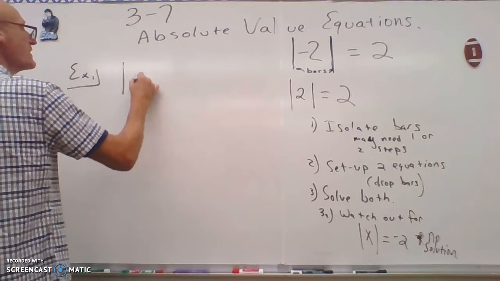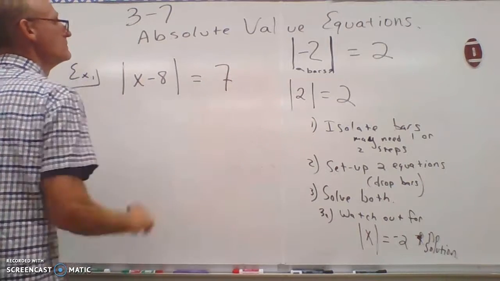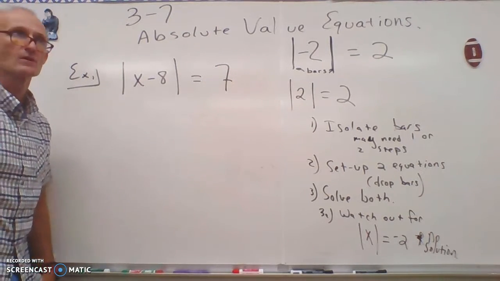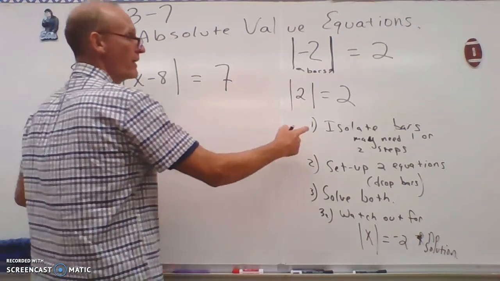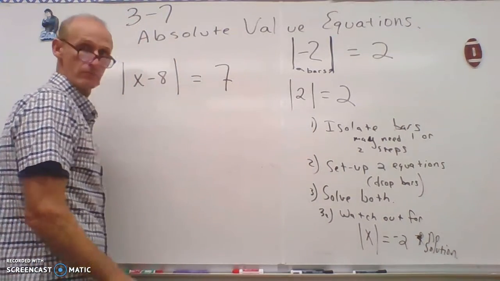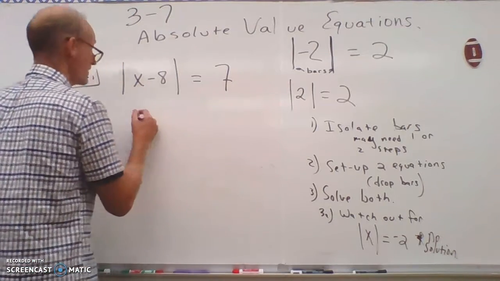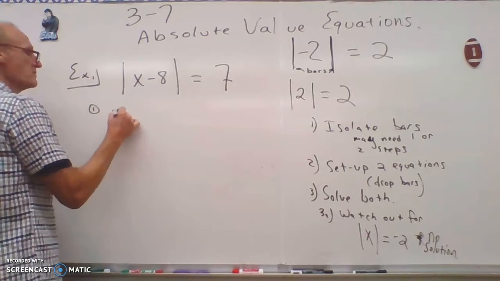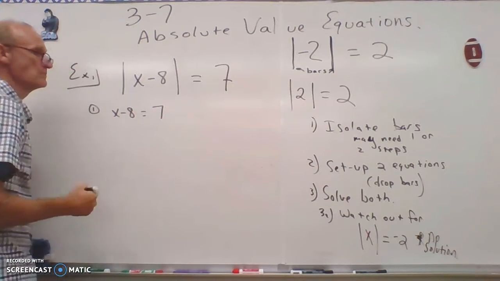The absolute value of x minus 8 equals 7. So the bars are isolated. So I really don't have to do step 1. Now, step 2, set up two equations and drop the bars. So the one equation is x minus 8 equals 7.